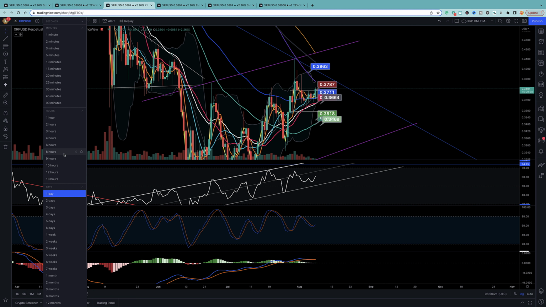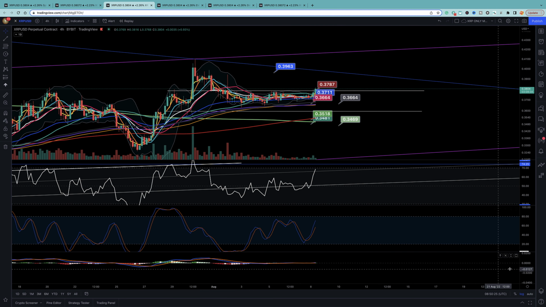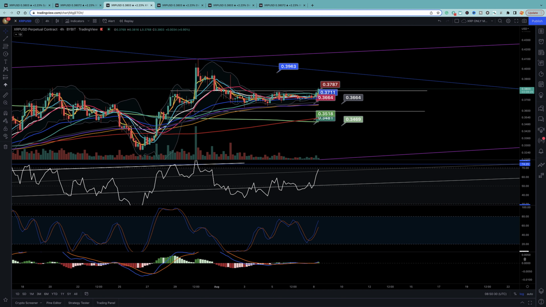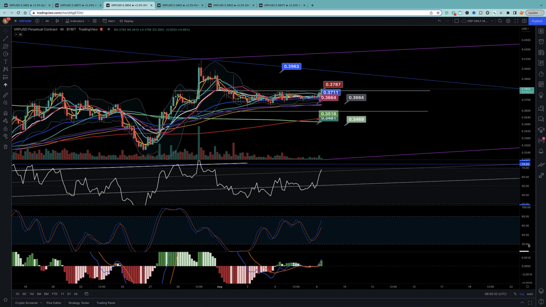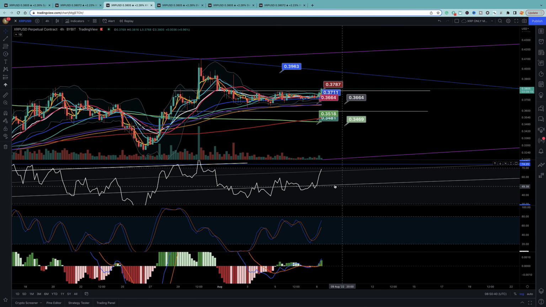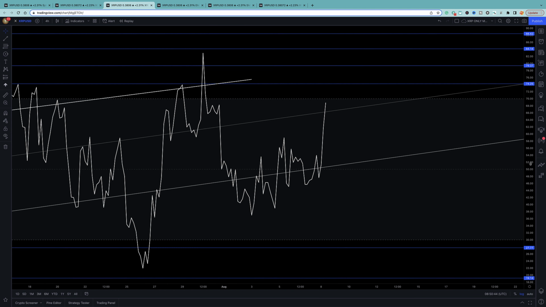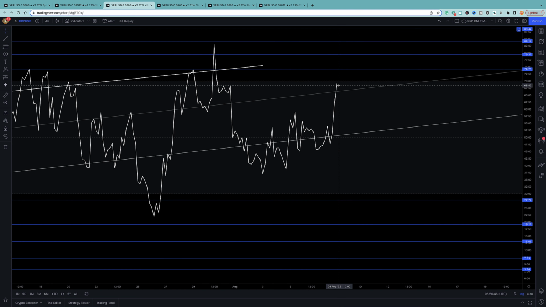So now when I just click into the 4-hour, which turned there, I don't really like to look at the MACD below the daily, so I'm not going to bring that in below the daily really. The stock on the 4-hour again looks like it's heading back to the top. Equally the RSI, again looks like it's heading back to the top.